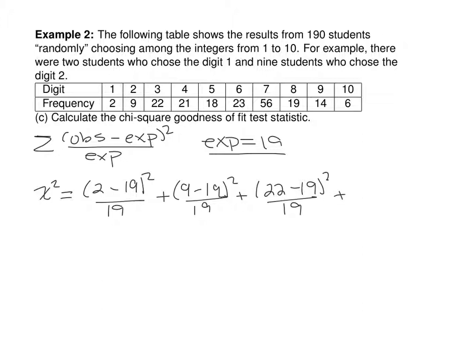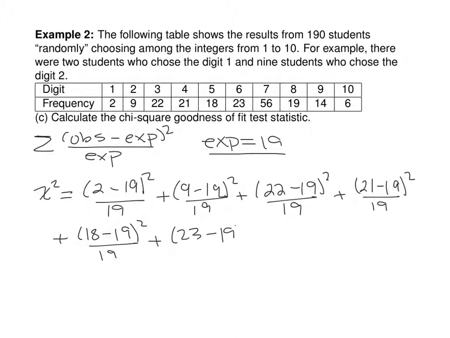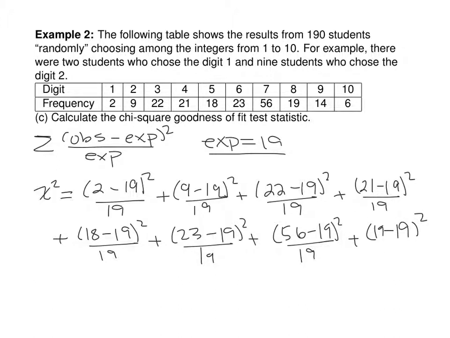We observed 4 21 times, so 21 minus 19 squared over 19. Keep going. 5 we observed 18 times, so 18 minus 19 squared over 19, plus 23 minus 19 squared over 19, plus big old 56 minus 19 squared over 19, plus, well, 19 minus 19 squared over 19. That one's going to be 0.